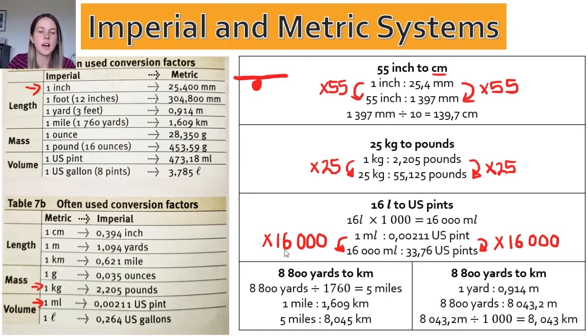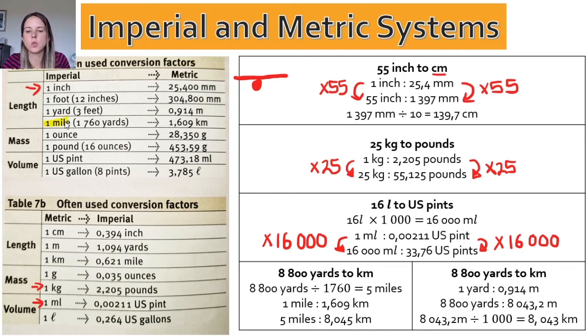So let's say I have 8,800 yards and I want to convert it to kilometers. 8,800 yards divided by 1,760 gives me 5 miles. So where do I get that 1,760? I get it from this table. Let me show you.